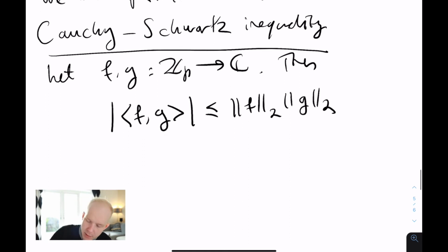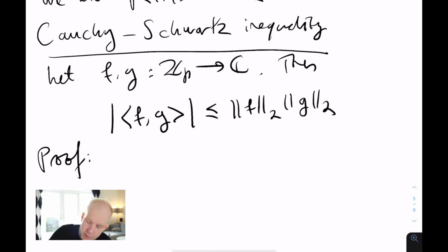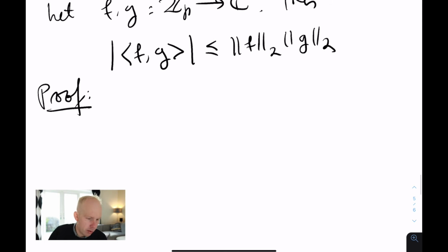Let's prove this. You can see the proof is not too complicated.